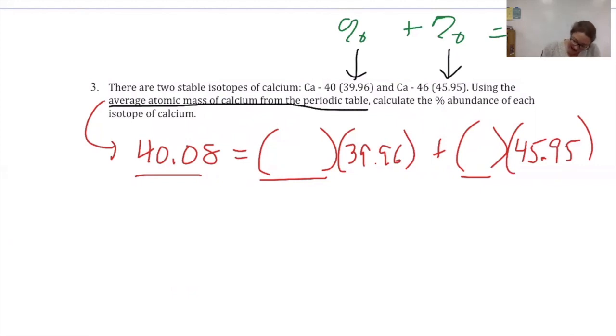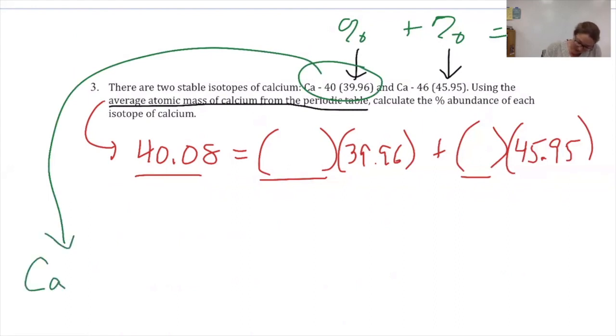So if I have the calcium 40, I'm going to call that X. And the calcium 46, I'm going to call 1 minus X, or actually a better way to think of it at first might be calling this Y.